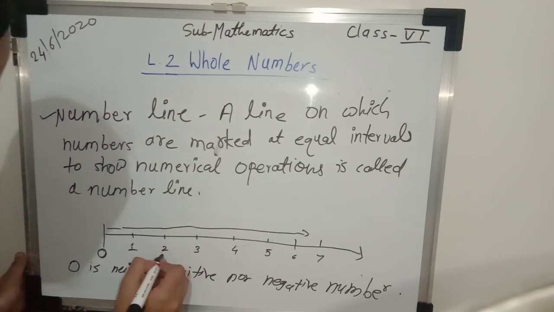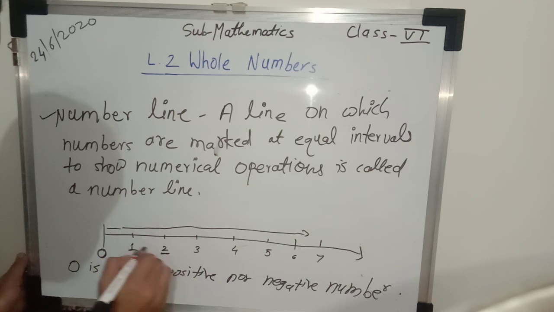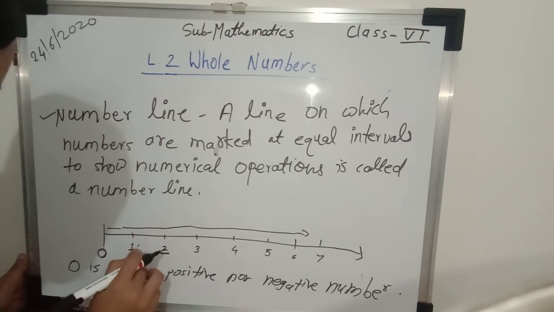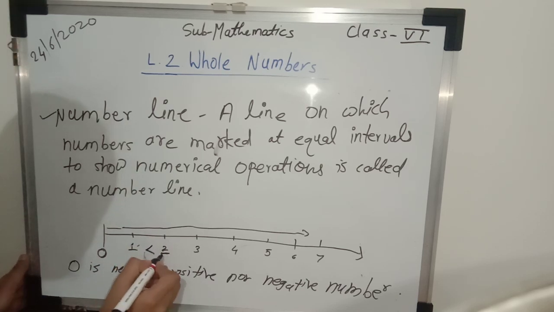If we take 2, the number on the left side of 2 is 1. So 1 is less than 2.